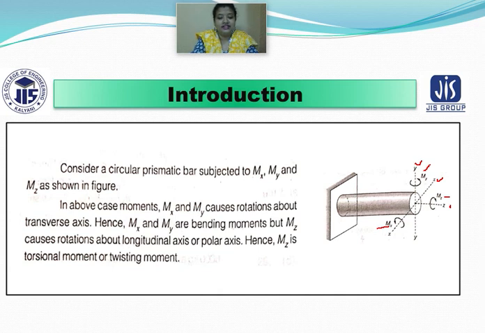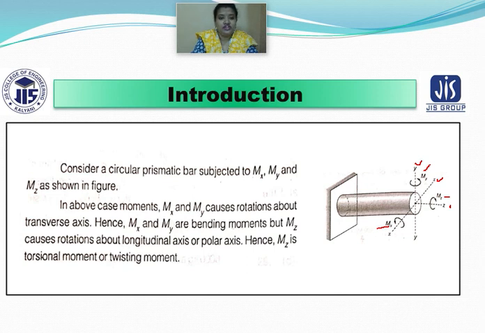In sections that are perpendicular to the torque axis, the resultant shear stress is perpendicular to the radius. Next, if I consider a circular cross section, then the twisting is accompanied by a distortion, which is also called warping, in which the transverse sections do not remain plane.